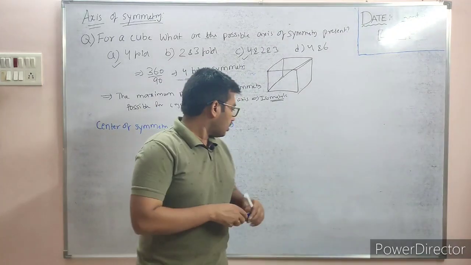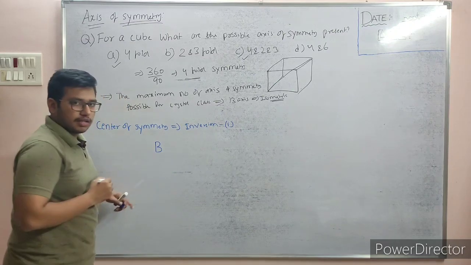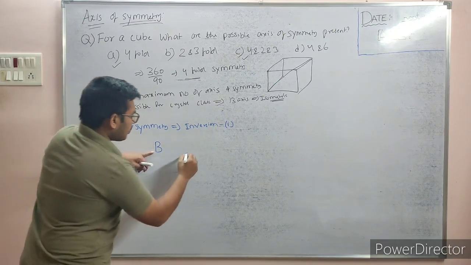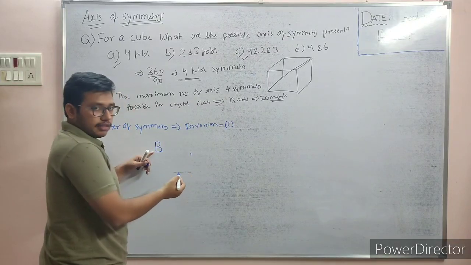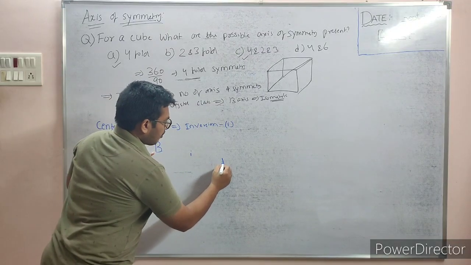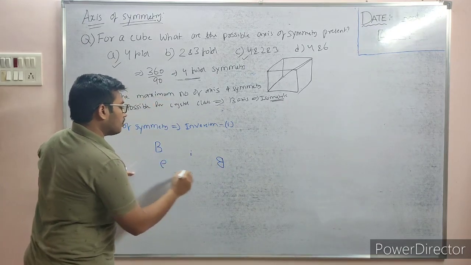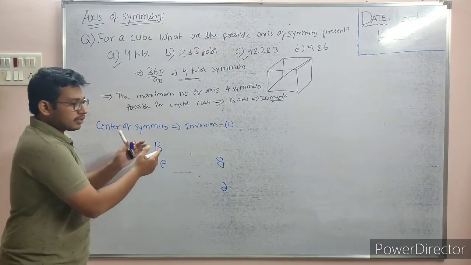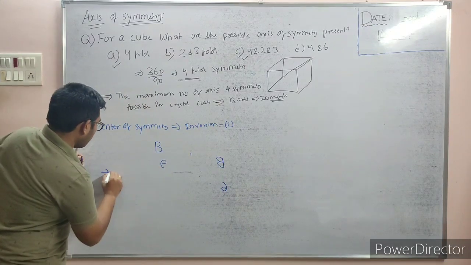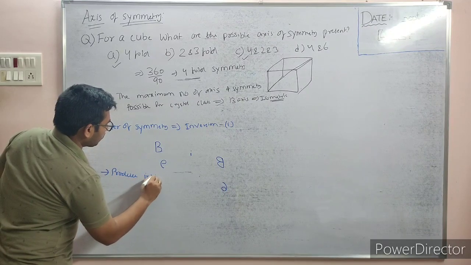For suppose take B. Due to inversion center, it produces an inverted object. What it produces like this. If you take the motif, it produces the inverted one like this. Like that, it produces an inverted object or motif.